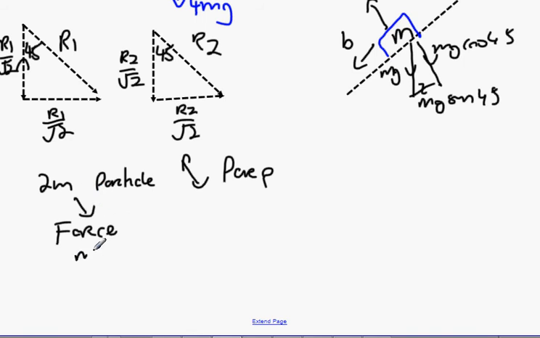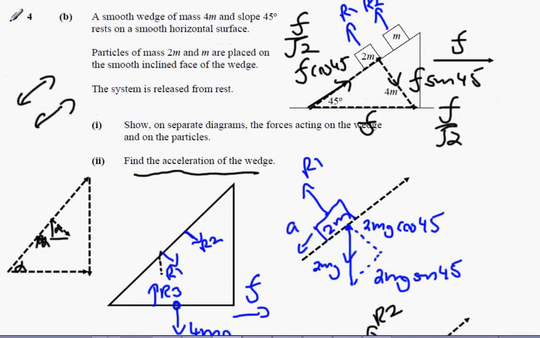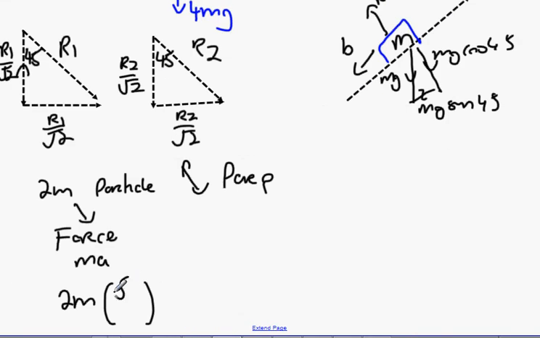Now, force is mass by acceleration. In this case, it's 2m times A. Now, what's A going directly down into the plane? F sin 45, which is F over root 2. Going directly down. Now what causes this to happen? It's going to be its weight minus the reaction force.